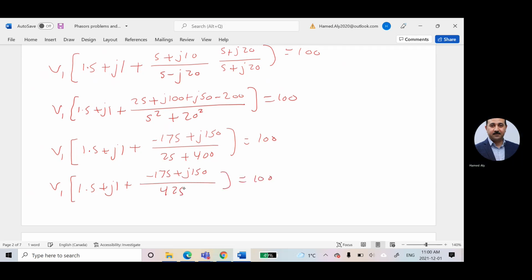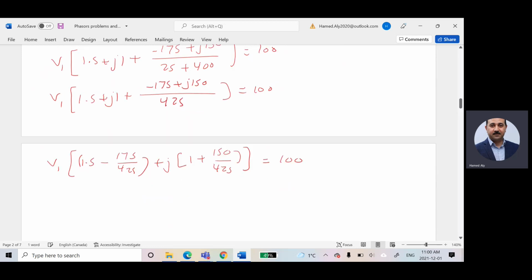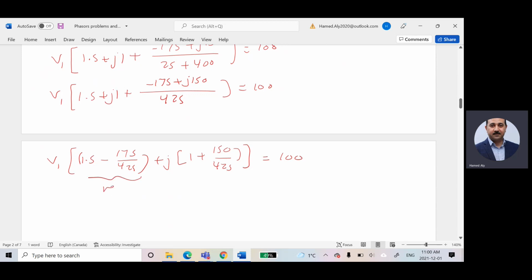Then I can rewrite this as V1 times (1.5 minus 175 over 425 as the real part, plus J times (1 plus 150 divided by 425)). This guy is equal to 100. This guy is the real part, and this guy is the imaginary part. Now I have V1 times (real plus J imaginary) equal to 100.